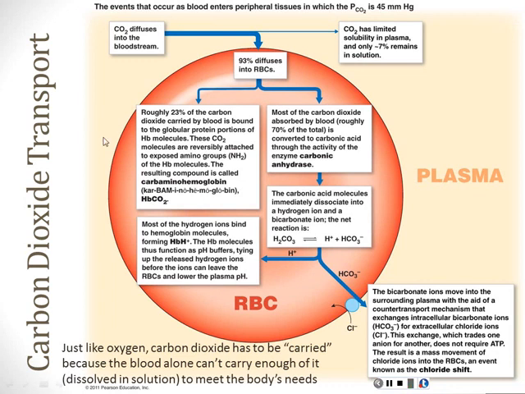So that's 23% bound to hemoglobin. And I do want you to know these numbers. Here it is as HB, HB is hemoglobin, right? So HB CO2. So that leaves us with 70%. That 70% is carried back to the lungs as bicarbonate.